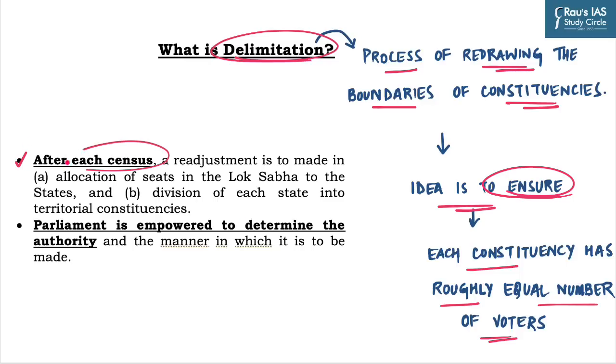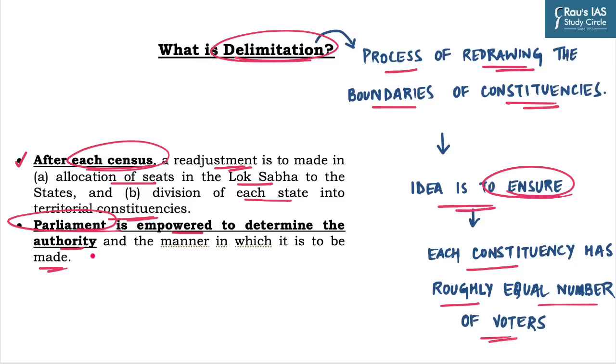Moreover, after each census, readjustment is to be made, first in allocation of seats in Lok Sabha, and second, division of each state into territorial constituencies. And Parliament is empowered to determine the authority and the manner in which it is to be made. Here we have briefly discussed what delimitation is.